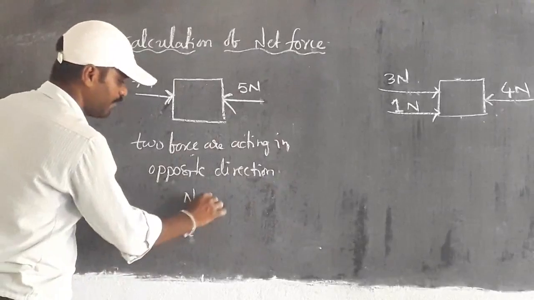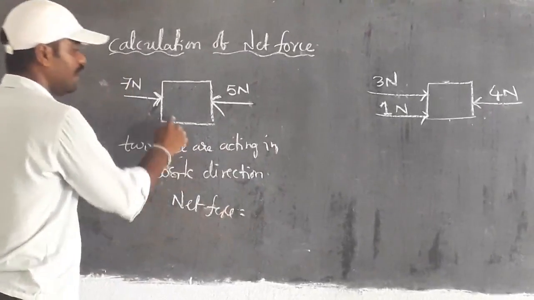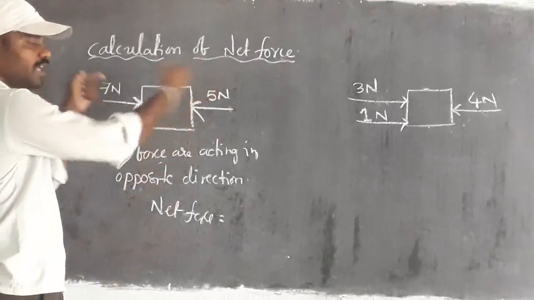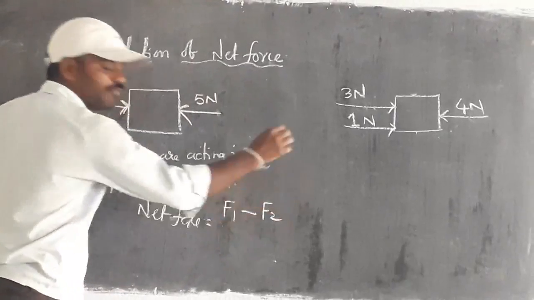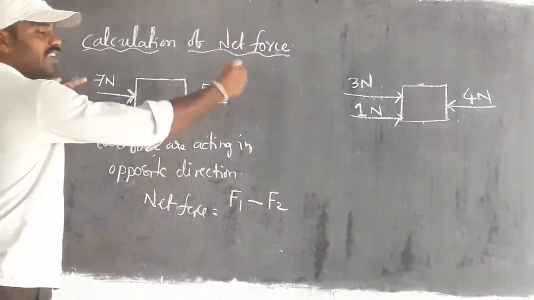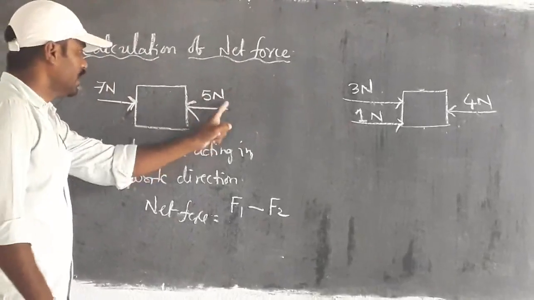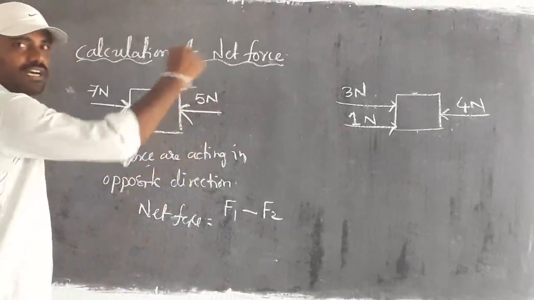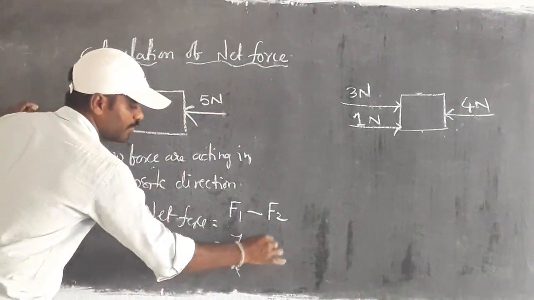Then what is the value of the net force? Here the net force value is, as already said, subtraction, because the two are on opposite sides. You have to write F1 minus F2. F1 is from left to right and the 5 newtons force is the other way. Then you have to take 7 newtons minus 5 newtons.